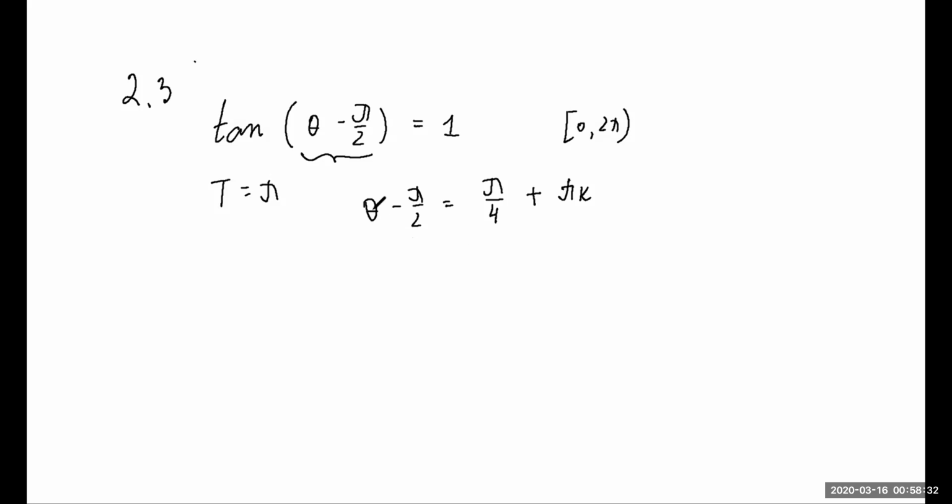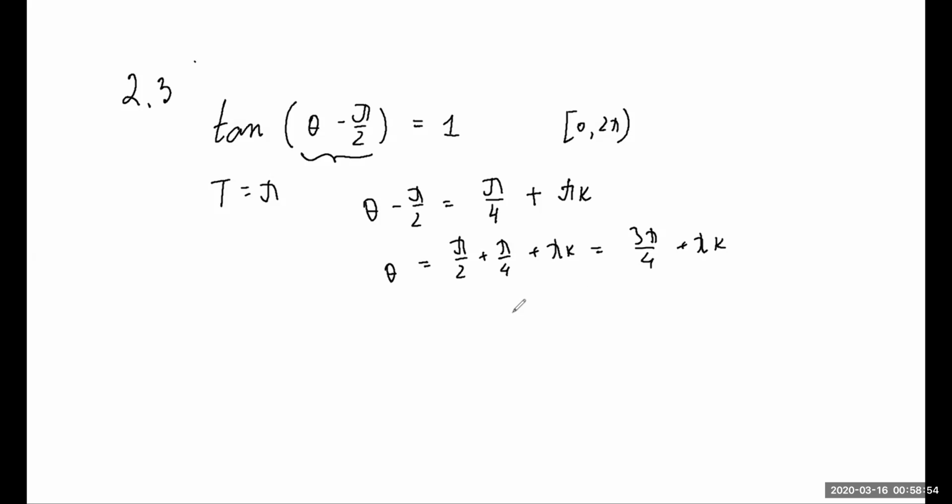Well, because I'm searching for theta, I'm going to now add pi over 2 to both sides. So I'm going to just make sure that only theta sits here without any additional angle. It's going to be pi over 2 plus pi over 4 plus pi k, which is going to give me 3 pi over 4 plus pi k.